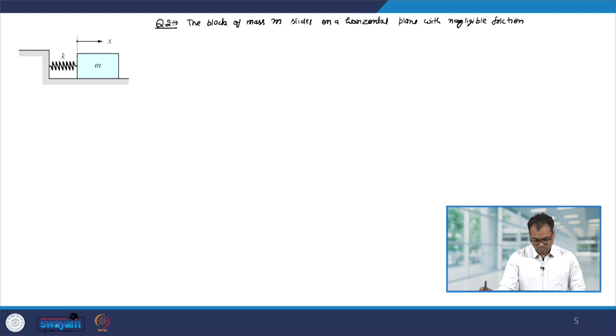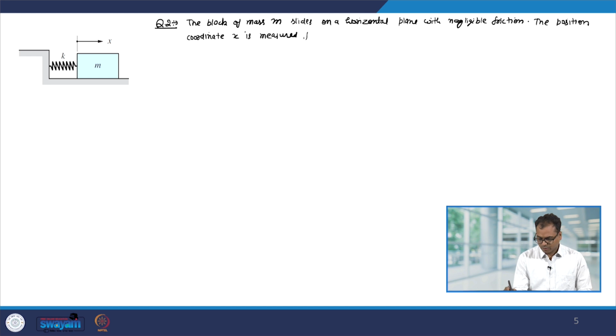The position coordinate x is measured from the undeformed position of the ideal spring of stiffness K.